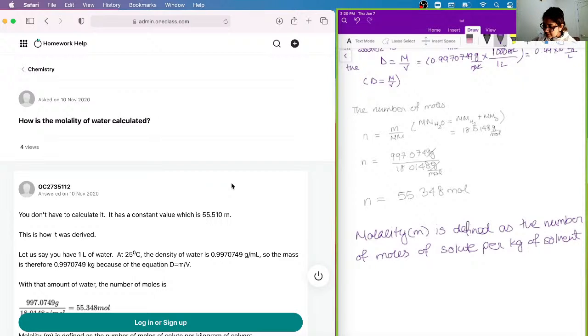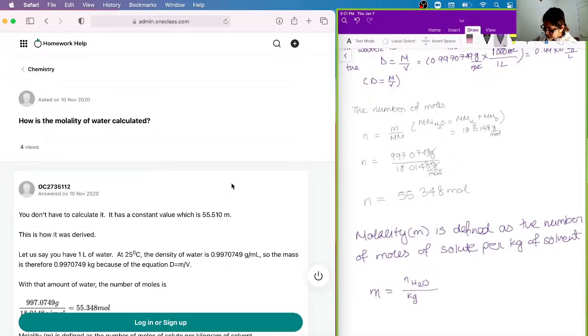So our solute in this case would be water, the number of moles, since we're just working with water, and our solvent will also be water. So molality would be the number of moles of water over the kilograms of water, right?